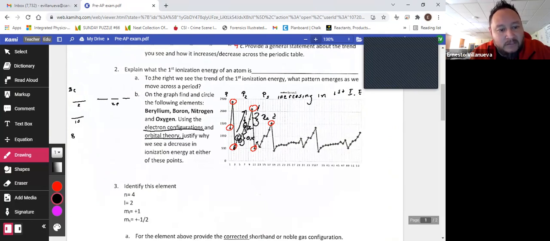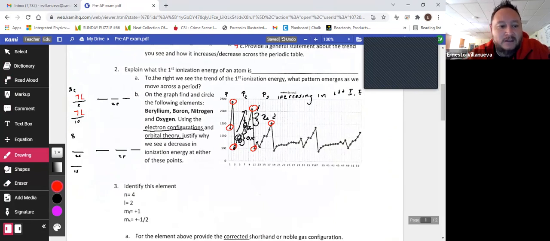Okay, let's take a look at boron. 1s, 2s, 2p, okay? All right. So let's take a look at beryllium first. Beryllium has the configuration 1s2, and then 2s2.